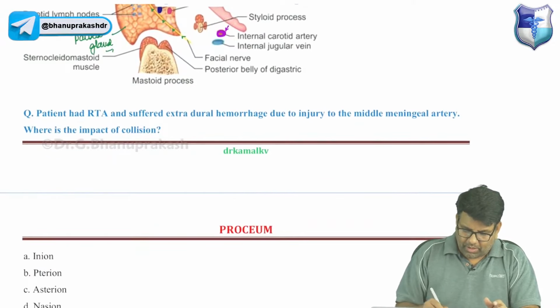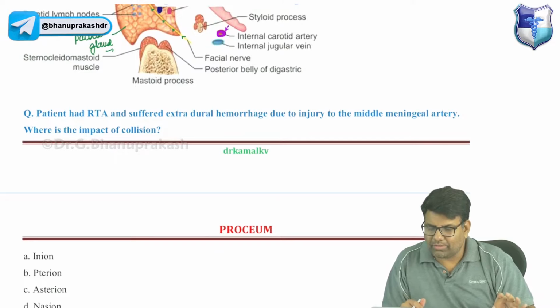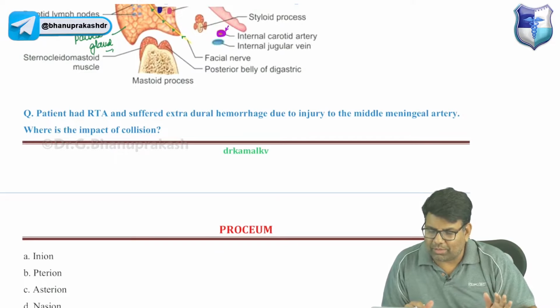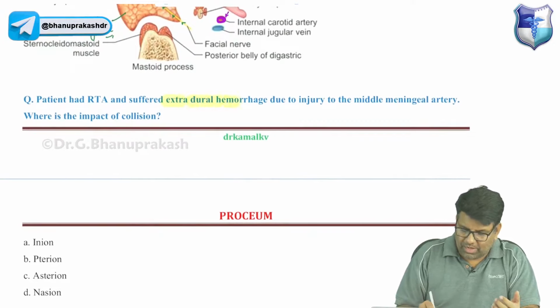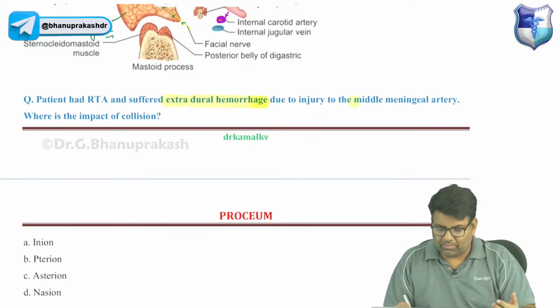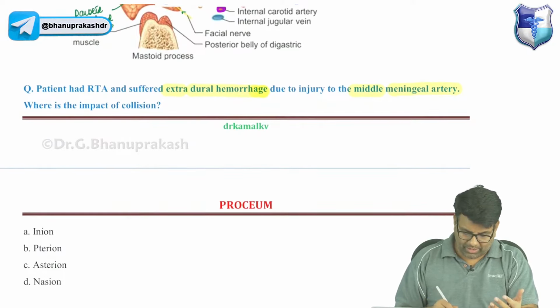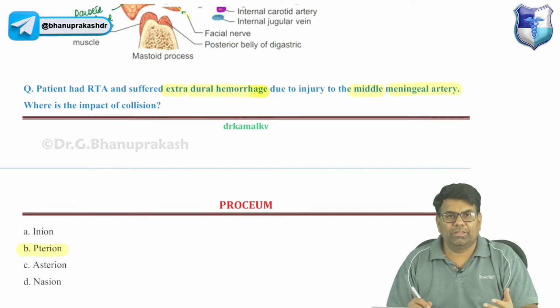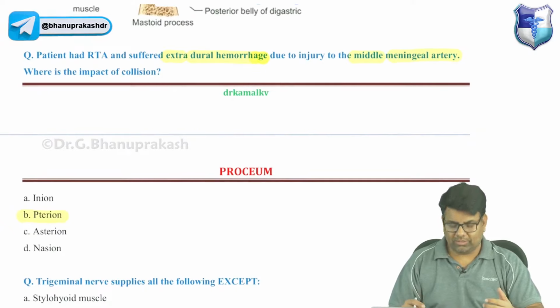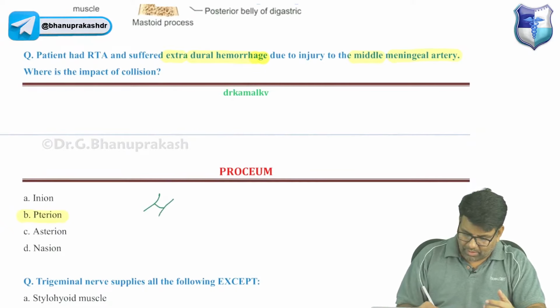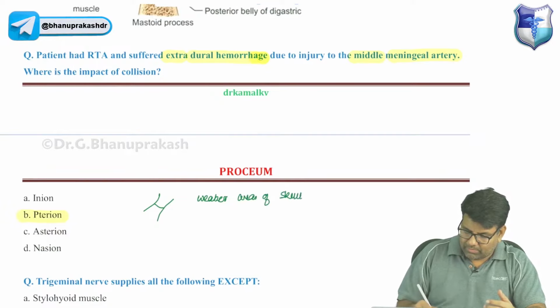Now next question, a patient has a road traffic accident. Yes, Raghu, absolutely right. The patient has a road traffic accident and then he had extradural hemorrhage and there is rupture of the middle meningeal artery. So the landmark which is related to the middle meningeal artery is pterion, and I think most of you must know that pterion is an H-shaped area, and this is one of the weaker areas of the skull.